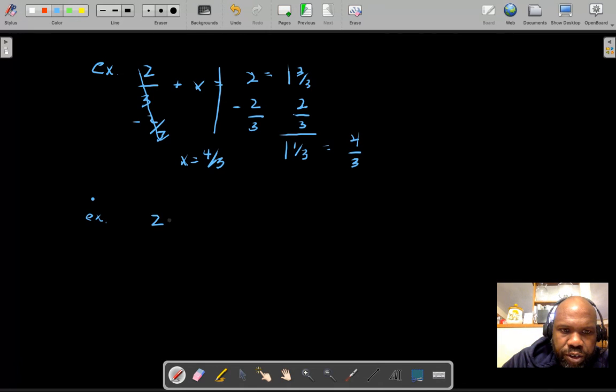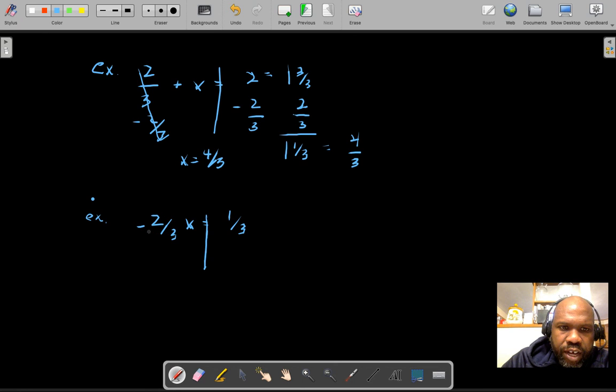Okay, this one's probably the hardest one you're going to see today in your work. Let's go negative 2/3 x equals 1/3. Now remember what we said. We put a line down the middle to represent the expression and the answer.